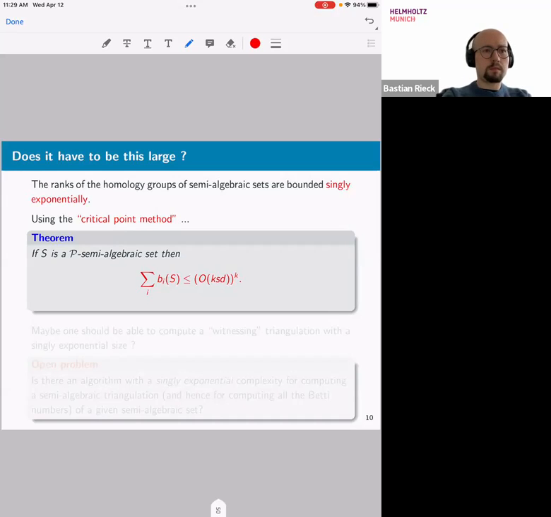But what we know is that if S is a P-semi-algebraic set, need not even be closed, so some arbitrary P-semi-algebraic set, then the sum of the Betti numbers of S is bounded singly exponentially in k. In fact, this big O here is hiding not a very big constant, maybe just about 2. So the sum of the Betti numbers is bounded by this singly exponential bound.